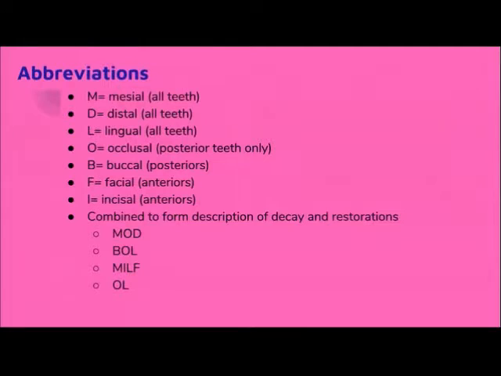So the mesial side is that side, and the distal side is that side. If I put this tooth back in place, all of a sudden you can't see the mesial and the distal sides anymore because they are touching the tooth next to it.